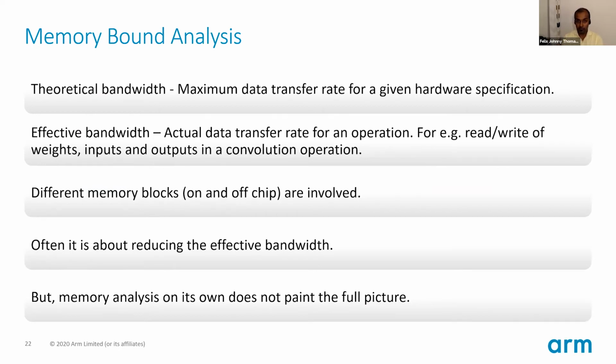Your filters, for example, are stored on flash, whereas your input and output tensors will be stored on an on-chip memory, which would have faster access. And often it is about reducing the effective bandwidth, but just the memory analysis doesn't give you a full picture.